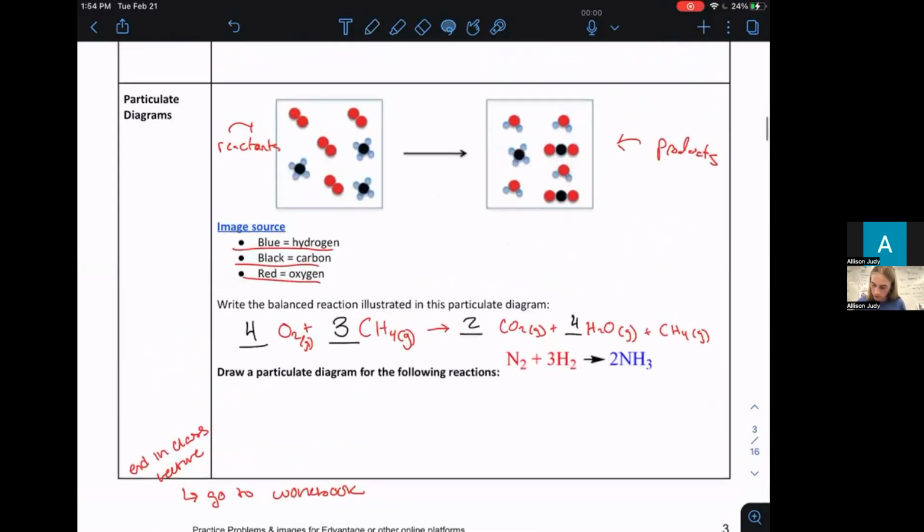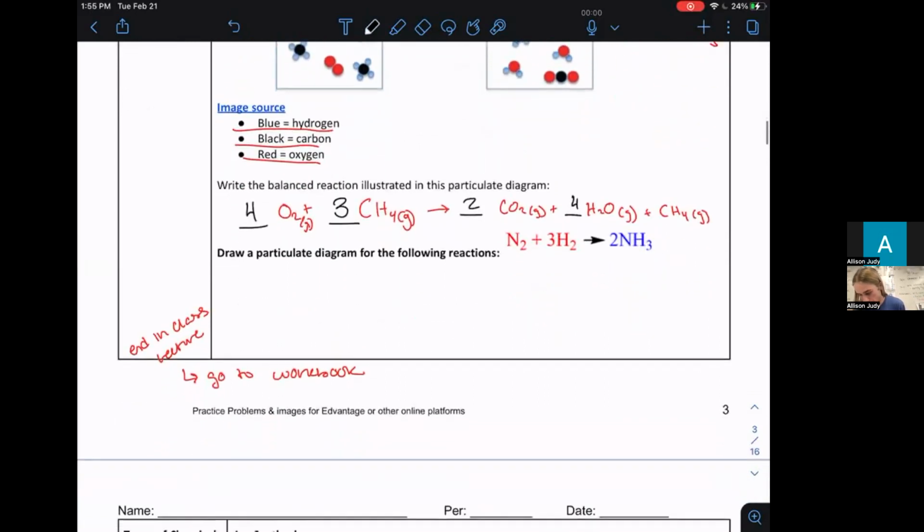So we'll talk a little bit more about particulate diagrams in other contexts. Sometimes you'll see arrows, little movement vectors that display how quickly the molecules are moving and in what direction. That will often indicate how much kinetic energy they have or whether they're gases or liquids or solids.